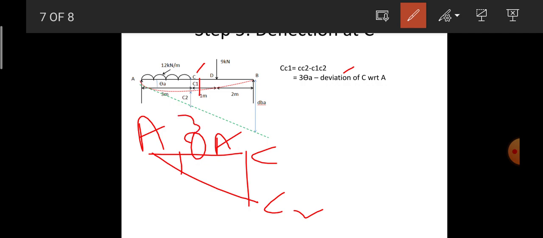The bending will be in terms of the arc of a circle, so CC2 is equal to the product of span and slope. So it is 3 times theta A, which is CC2, and C1C2 is the deviation of C with reference to A.